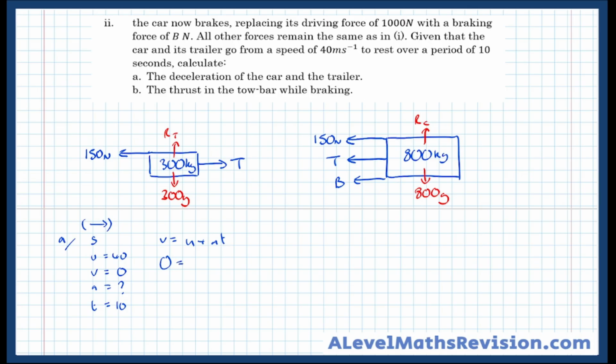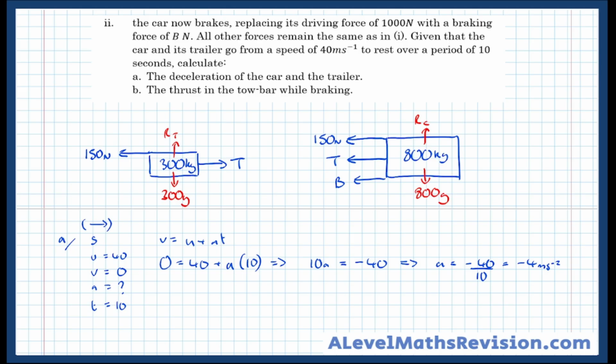So v equals u plus at, which means that 10a equals minus 40, which means that a equals minus 40 over 10 equals minus 4 meters per second squared.